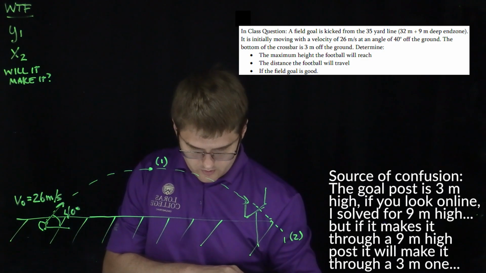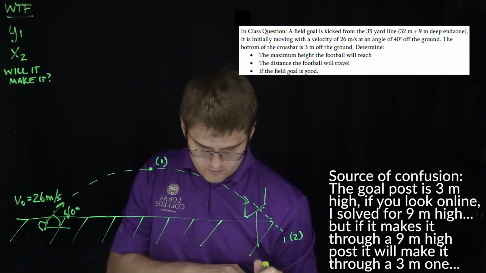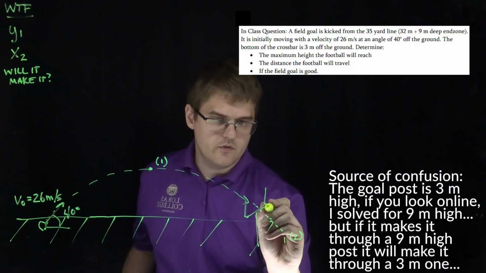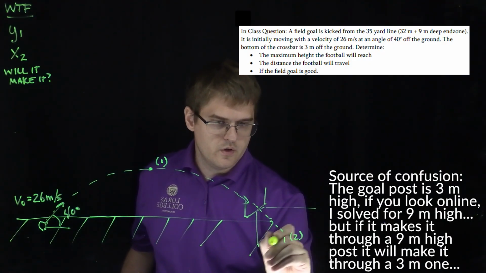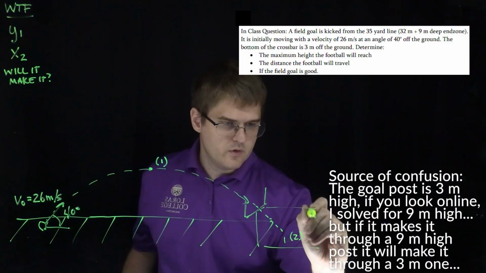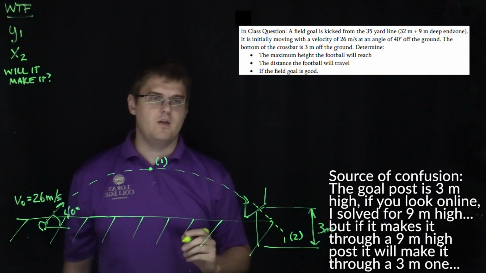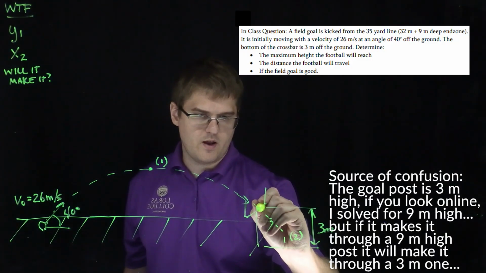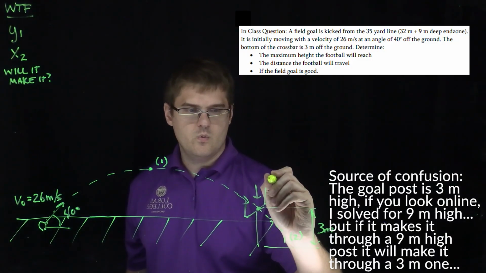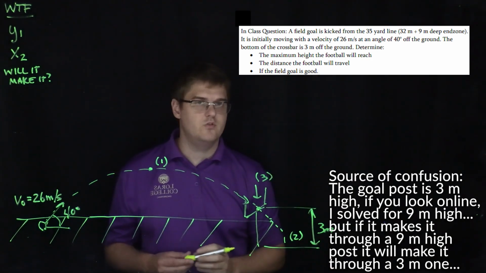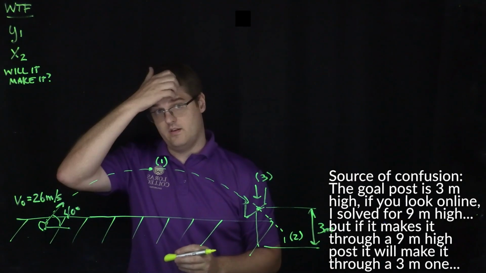Let me double check, it says the bottom of the crossbar is 3 meters off the ground. So if it'll make it through that piece, we're testing right here, which is going to be position 3. And we can actually do that in 2 different ways, which we're going to see in a second here.